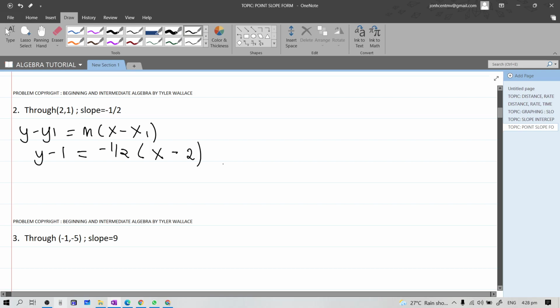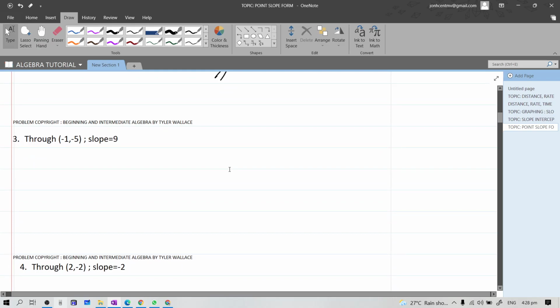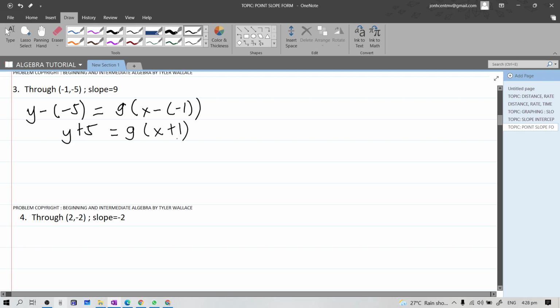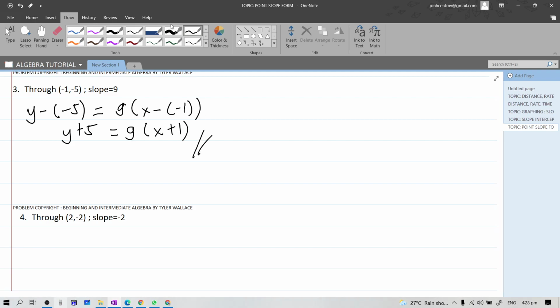So, that is also the answer na. Through negative 1 and negative 5, we have the slope of 9. So, that is y minus negative 5 is equals to 9 times x minus negative 1. So, we have y plus 5 is equals to 9 times x plus 1. So, this is the answer.